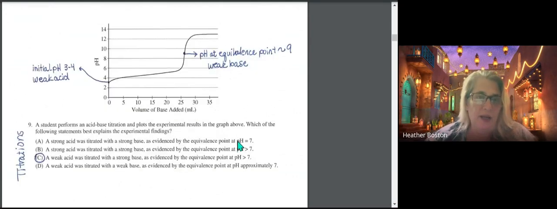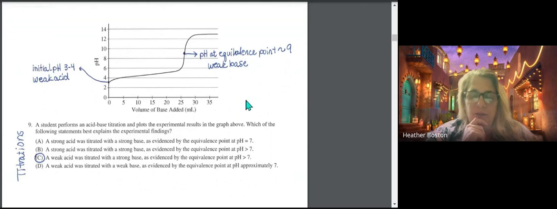Here is a weak acid, strong base titration. Here's how I know this. The initial pH is between 3 and 4. Not impossible for a strong acid, but it would mean it was super dilute. The dead giveaway, though, is the pH at the equivalence point is about 9.